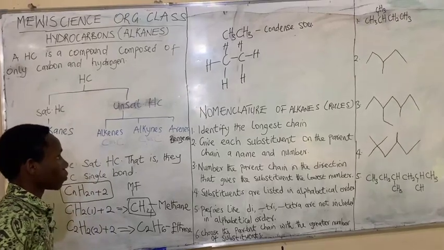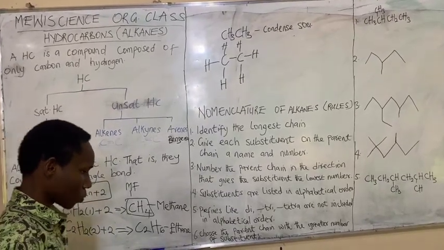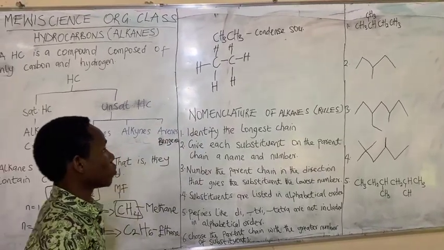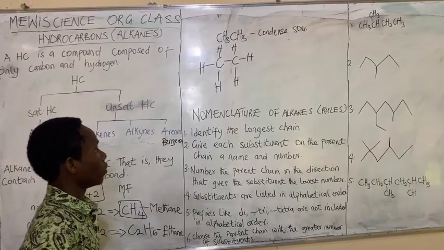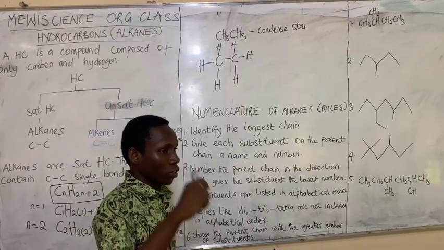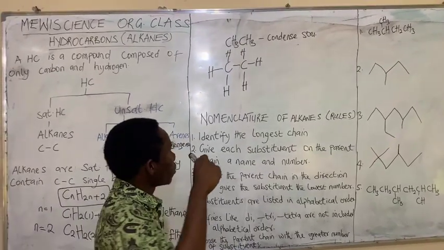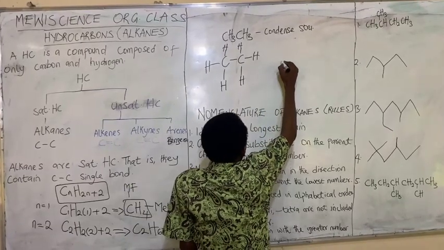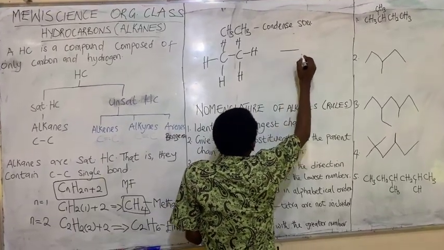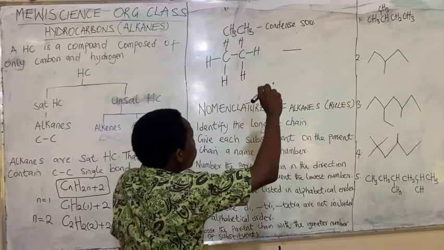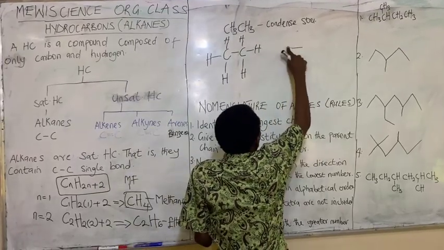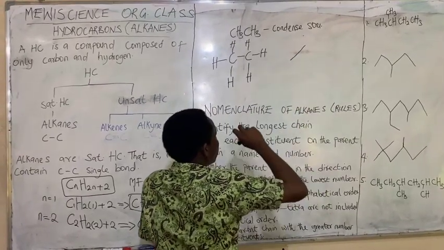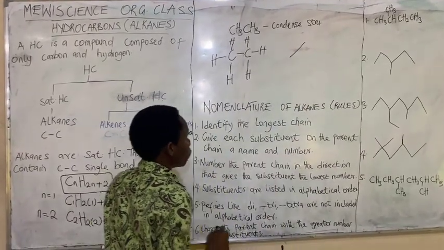Very simple. We also have what we call the skeletal structure, or the line angle structure, in form of lines. In the line angle structure, each point indicates a carbon. So this has 2 carbon. This is the line angle structure.